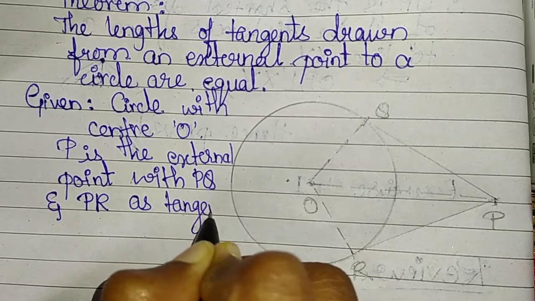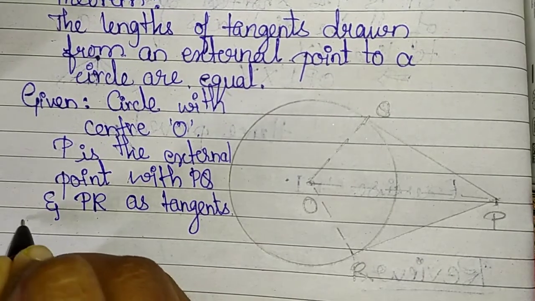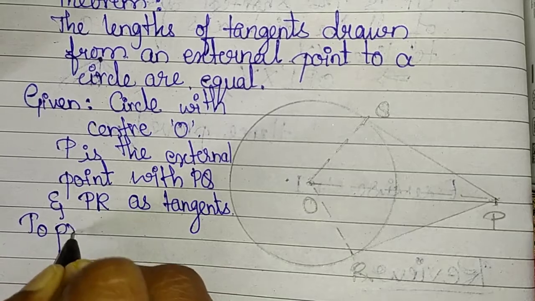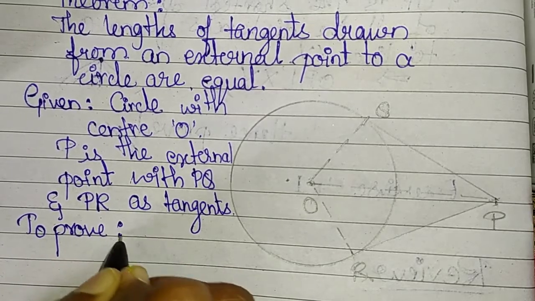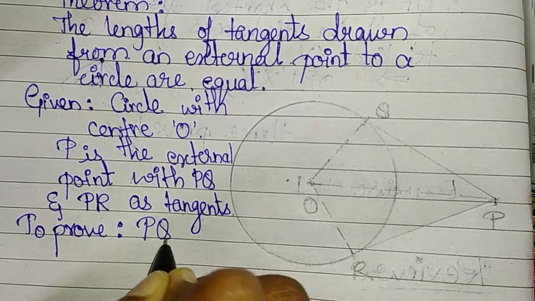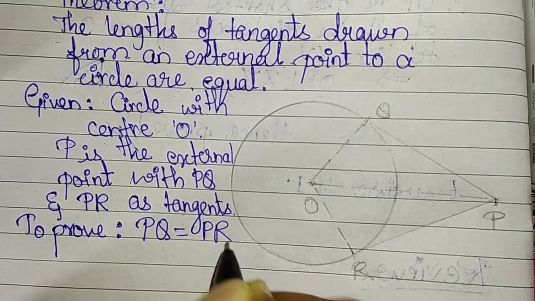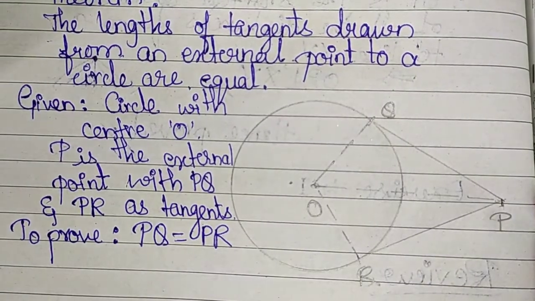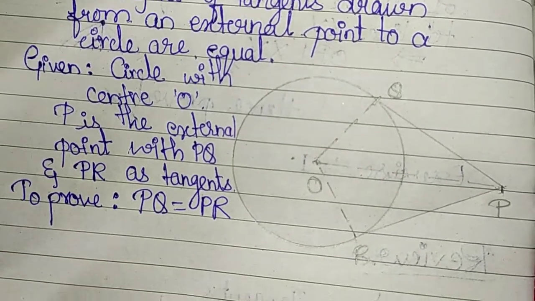So PQ and PR are our tangents. To prove, what we have to prove here? We have to prove that the lengths of the tangents are equal. We have to prove PQ is equal to PR. So how do we go about that?